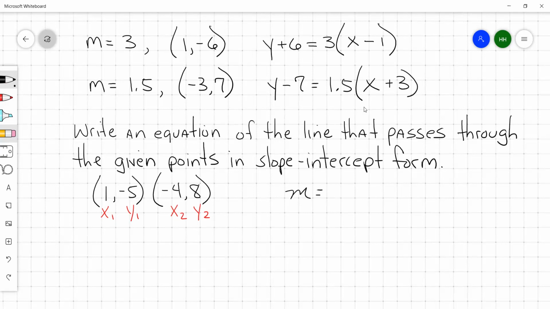We've got y2 minus y1, so 8 minus -5, and x2 minus x1, that's -4 minus 1. So in the numerator, keep change. What's 8 plus 5? That's 13. In the denominator, you've got -4 minus 1, which is -5. So our slope is -13/5.